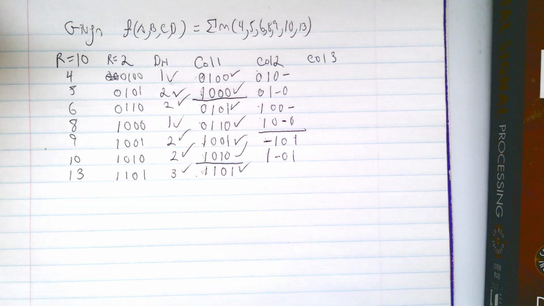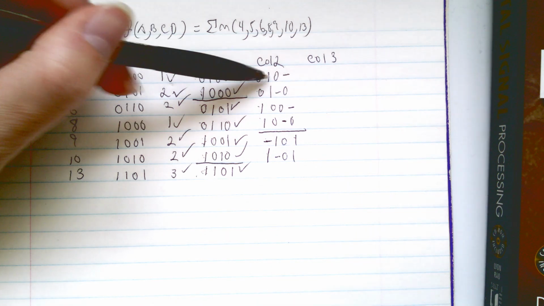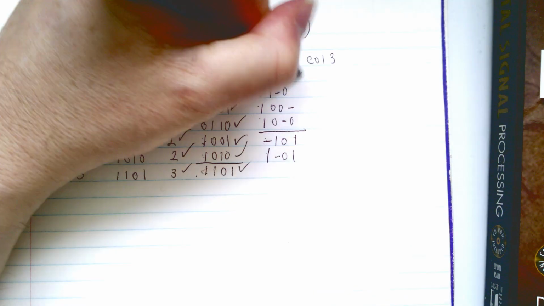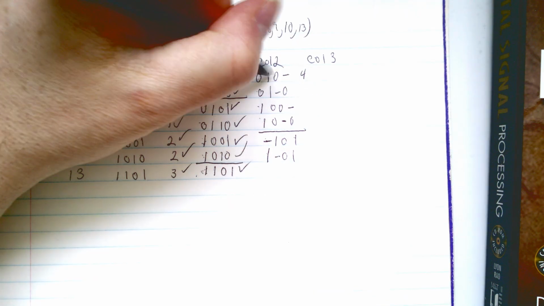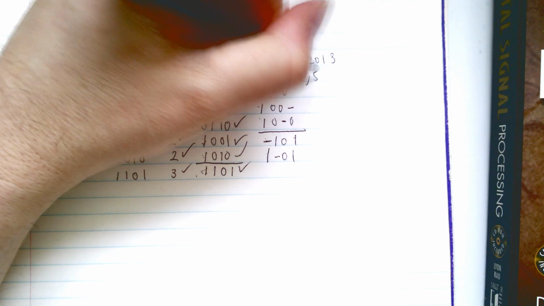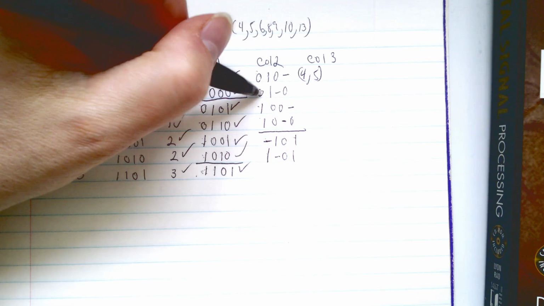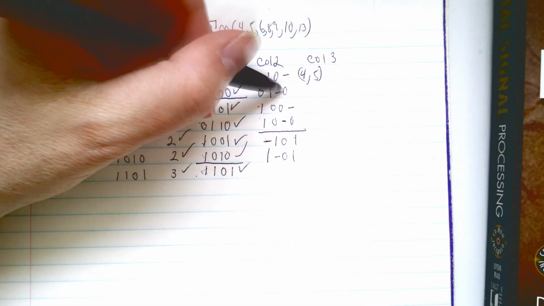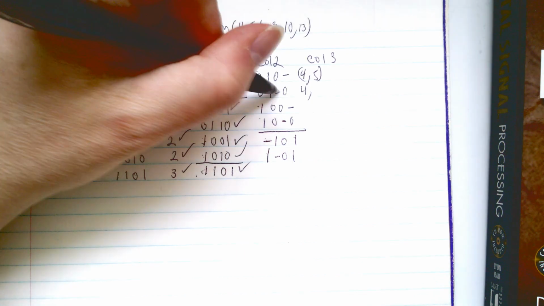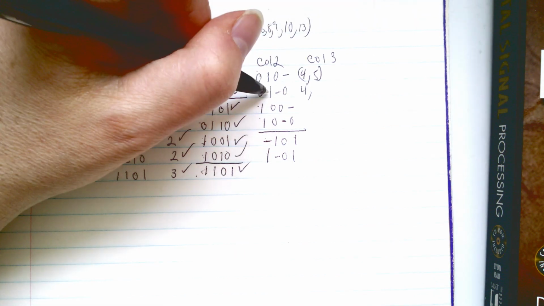And if you want to, you can identify what the terms are. This is 1, 0, 0, 0, which would be 4, or 1, 0, 0, 1, which would be 5. So 4 and 5 are covered here. 0, 1, 0, 0, that's 4, or 0, 1, 1, 0, and that would be 6.